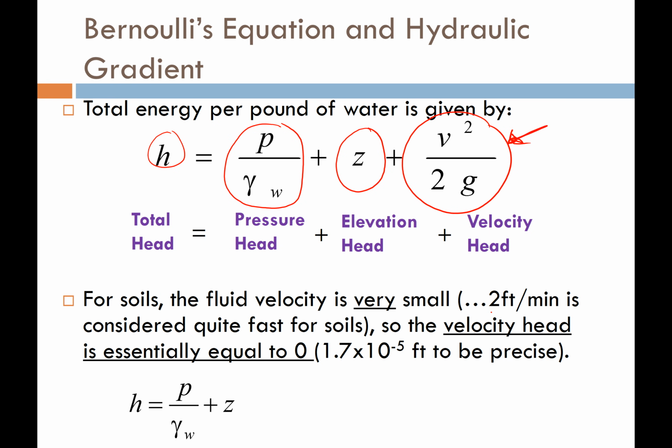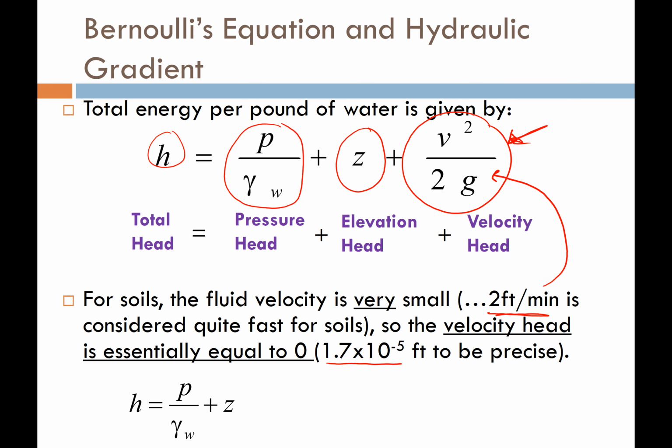If we were talking maybe 2 feet per minute of flow, that would be pretty screaming fast in soil. But take this 2 feet per minute and plug it into this equation, and if you were to calculate it out, what you'd get is about 1.7 times 10 to the minus fifth feet of energy, which is, for all intents and purposes, zero.